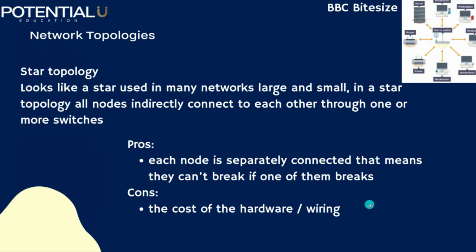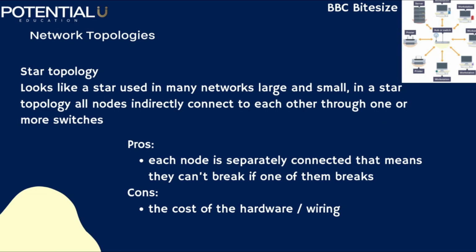So a star topology, which is up here, it looks like a star. It's used in many large networks and small ones. All the nodes are indirectly connected through the hub or the switch. So the printer here is connected to the workstation here, that's connected to this workstation. Everything is connected through the switch.